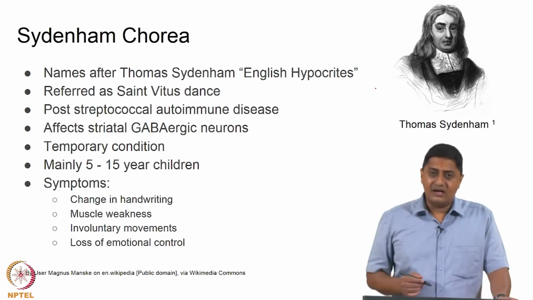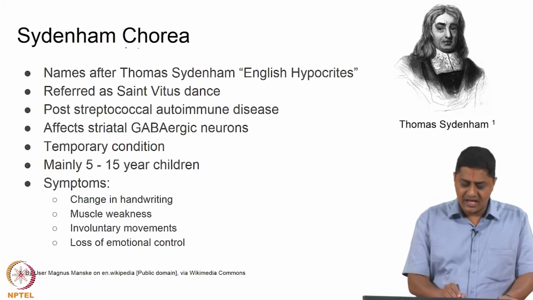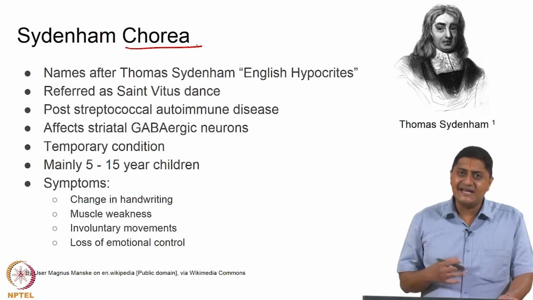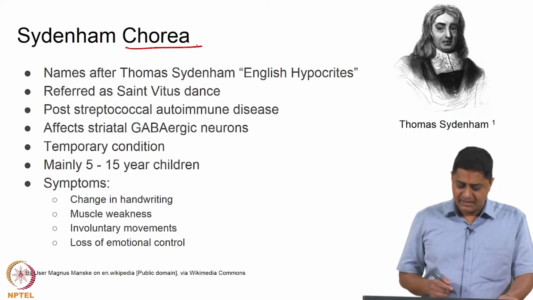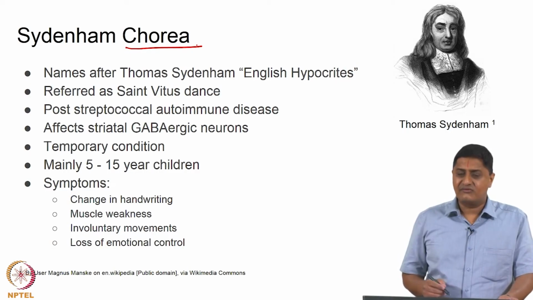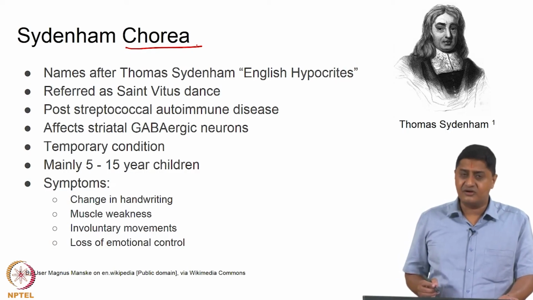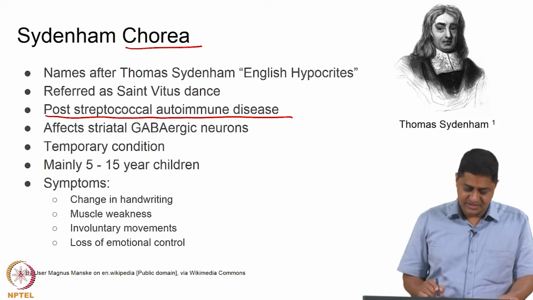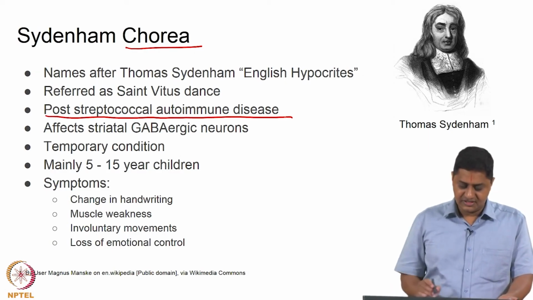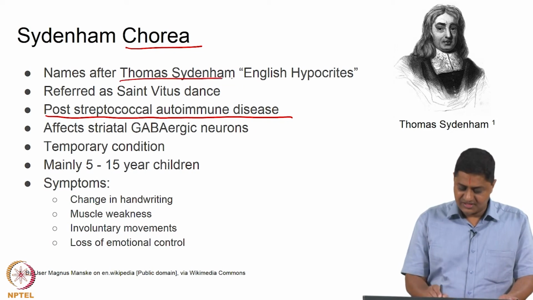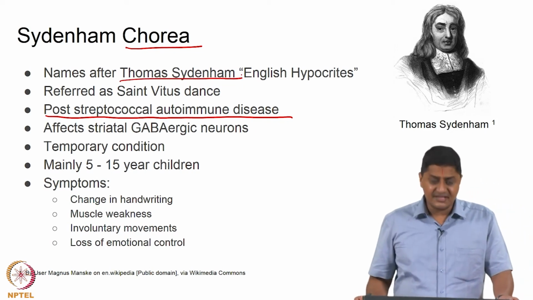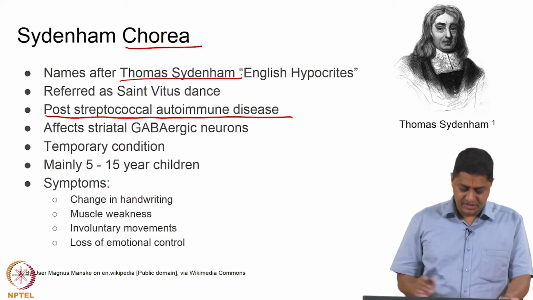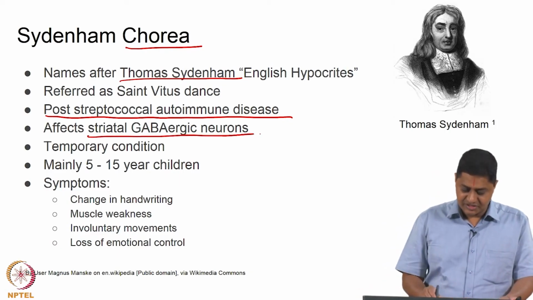Then another disease is chorea, which involves dance-like movements, occurring as an after effect of rheumatic fever or post streptococcal autoimmune disease. It is named after Thomas Sydenham. Fortunately, it is a relatively temporary condition. It affects striatal GABAergic neurons.